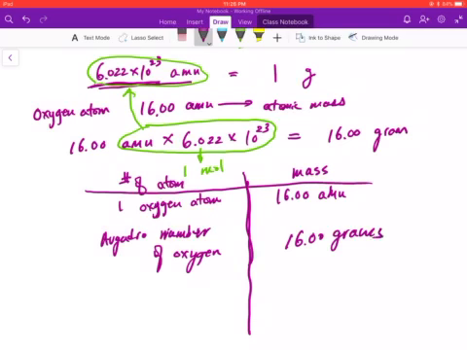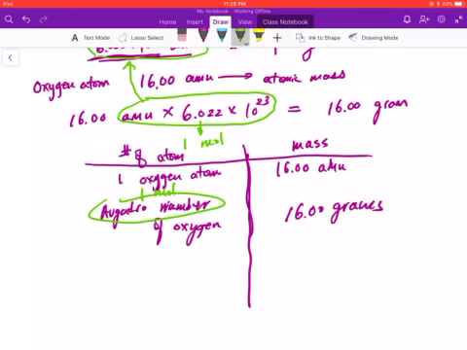Good. So what is an Avogadro number? This is a mole. Basically, we just counted with the number that turns AMU into grams. So if one oxygen atom weighs that many in AMU, a mole of oxygen atoms will weigh that many in grams.